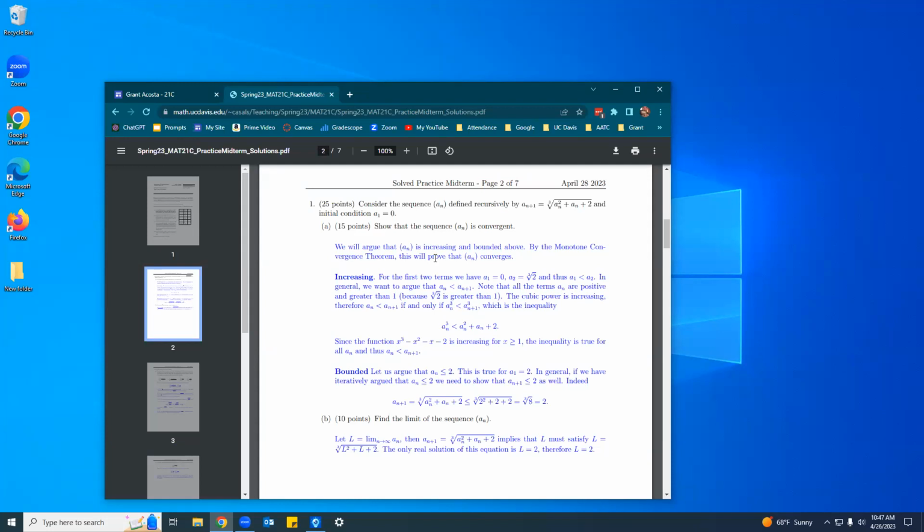Which we already know, and which is why I like to do the bounded part first, because I say, oh wait, we already know that a sub n is between 0 and 6. It's not the only way to do this part, but I think it's maybe the most straightforward. So that's what I would say.